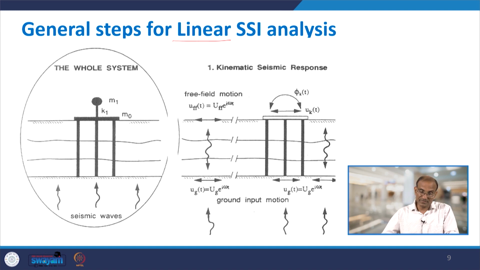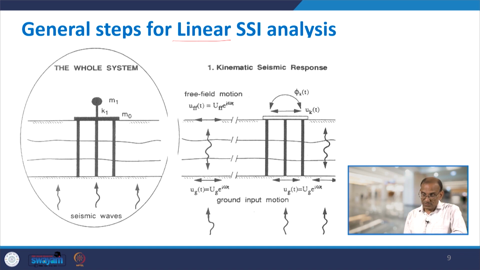No nonlinearity is considered. So, in this case, let us say the first step is free field motion. In case of free field motion, the seismic waves are coming from the ground, and there is no foundation, no structure, and you consider the motion which is coming at the ground as a free field motion.